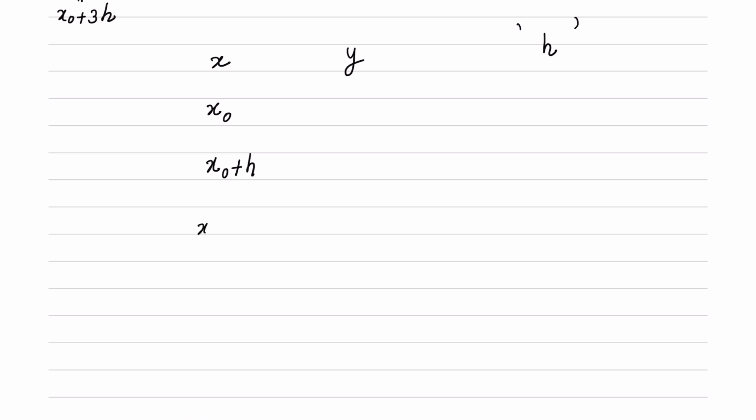Previous value is x0 plus h, and now we add another h, and the next value will be the previous value, which is now x0 plus h, and you add one more h. So you can see that the first value is x0. The next value is x1, which can now be written as x0 plus h.